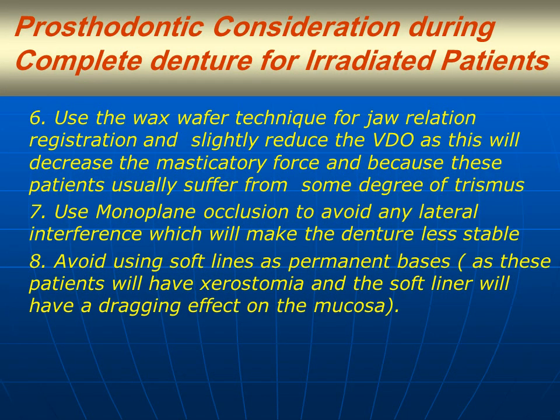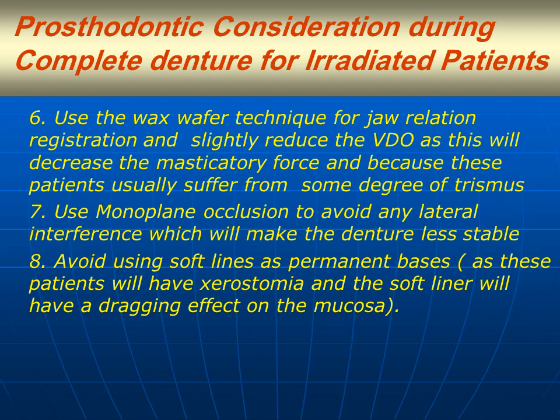For jaw relation registration, we use the wax wafer technique. We slightly reduce the vertical dimension of occlusion, as this will decrease the masticatory force, and also because these patients usually suffer from some degree of trismus. For the type of occlusion, we use the monoplane occlusion to avoid any lateral interference, which will make the denture less stable.